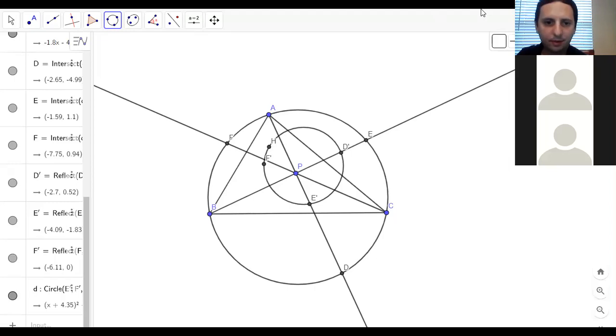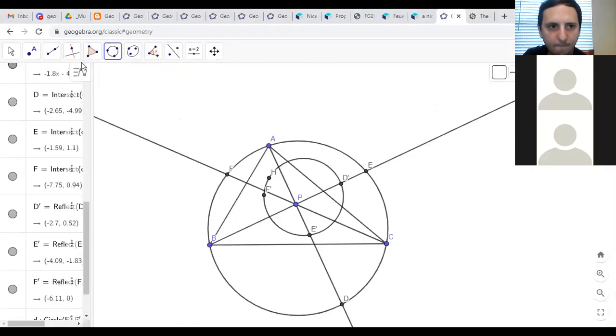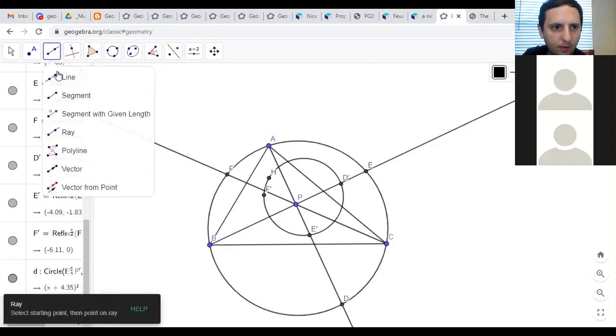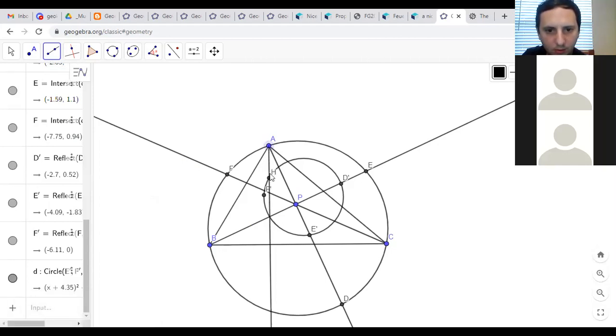The second part says that we see where those intersect AH, BH, and CH. Okay, so I think it's just saying we draw AH, BH, and CH. It's saying that these concur.